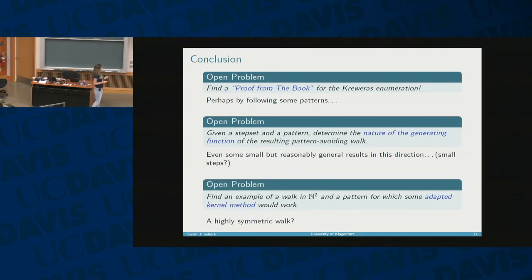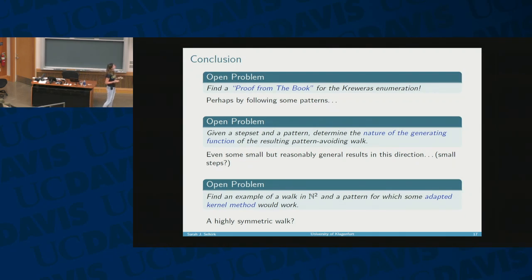And then lastly, if you want to know a little bit more, I didn't go into the kernel method during this talk because there's limited time, but if you look at the extended abstract, we discuss a little bit why the kernel method, which up until now has been a very strong tool that people can use to push forward in walks in the quarter plane.